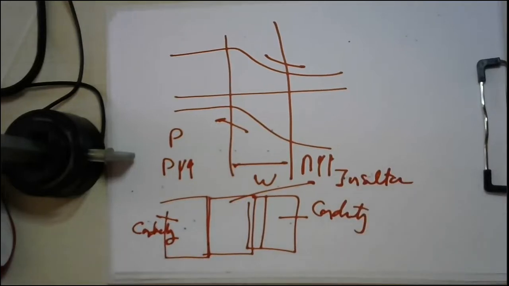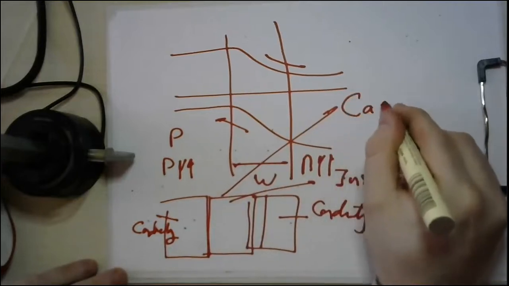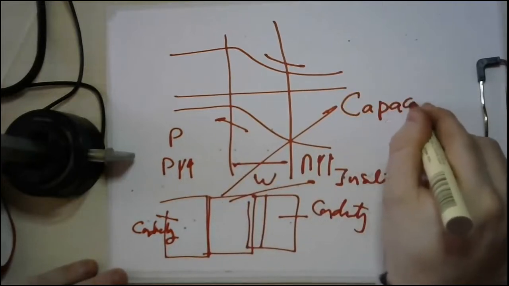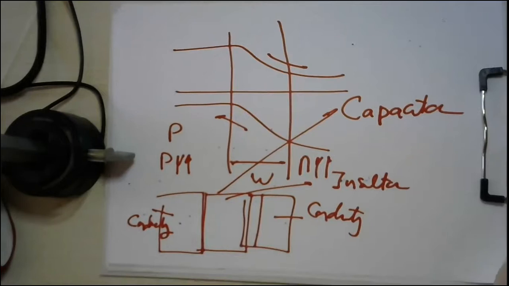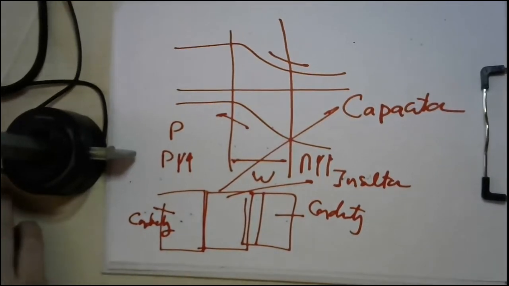This is the definition of an insulator. If you remember in part number one, I told you please don't forget that this depletion region turns out to be a depleted region, which is some type of insulator. So you have two conductors, and in between you have an insulator. So this is what you basically call a capacitor. So in this PN junction, my dear students, we have what's called the capacitance effect, or a parasitic capacitance effect. So let me share my presentation slides again.